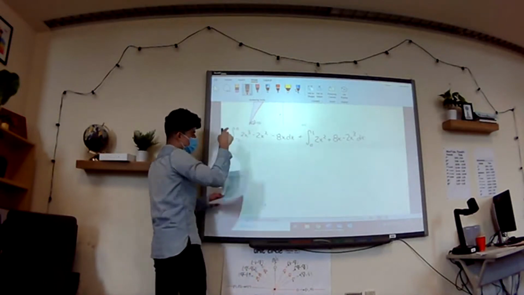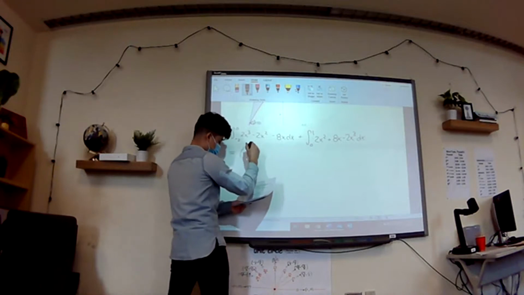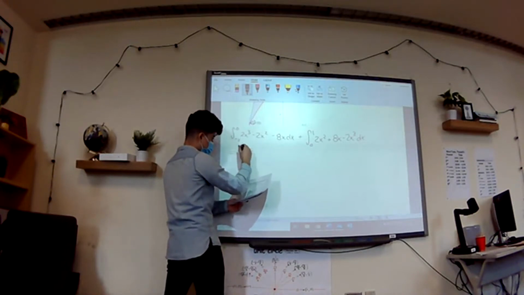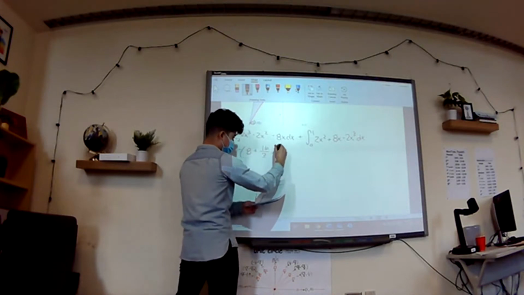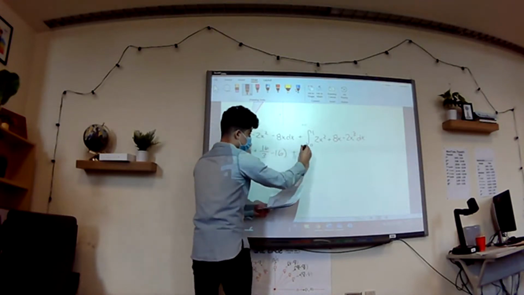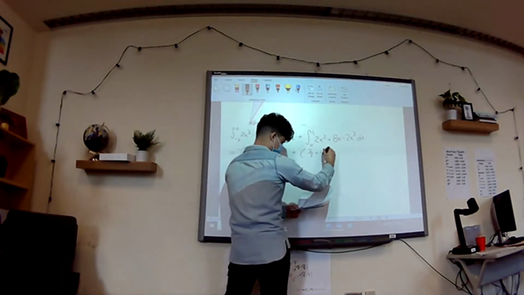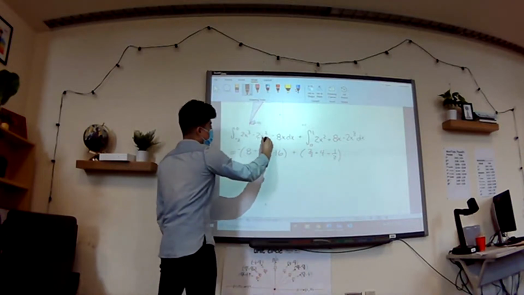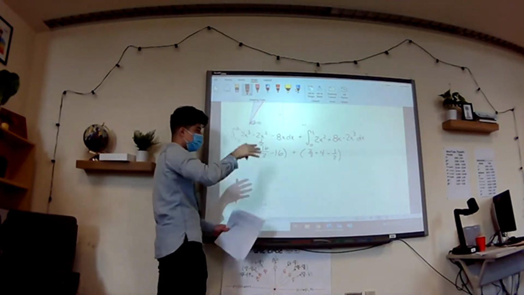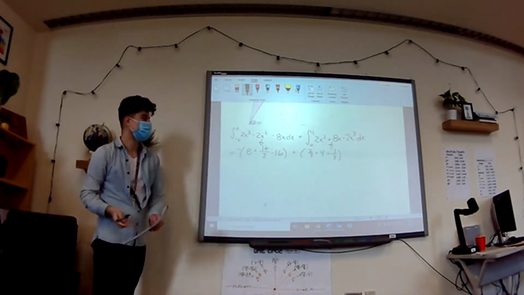To do this integral, you would get this. Okay, this integral turns into this after you plug in all your stuff and everything. This integral turns into that after you plug in all your stuff and everything.